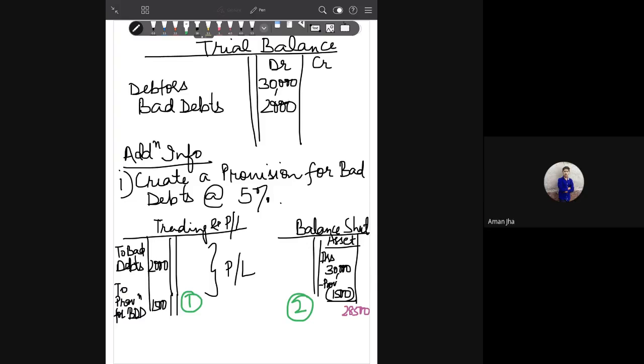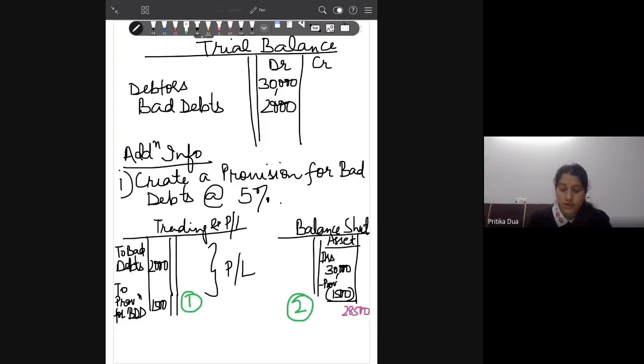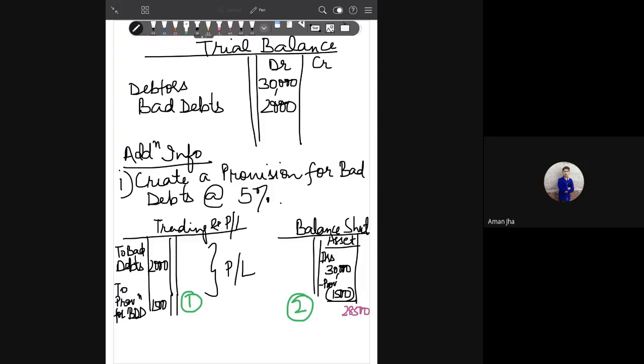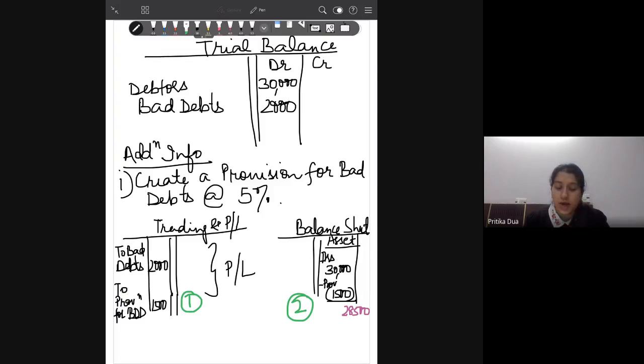Yes, excuse me, ma'am. Yes, beta पूछो. Ma'am, because bad debts are given in trial balance, so we are not subtracting it on the balance sheet. No, no, that is what I was saying कि ये simplest case है. अभी इसके आगे मैं आपको और modifications बताती हूँ. अभी इस केस में अगर कोई क्वेश्चन है तो पहले पूछ लो आप. No, ma'am. Okay, fine. Okay, Adesh, you had a question.